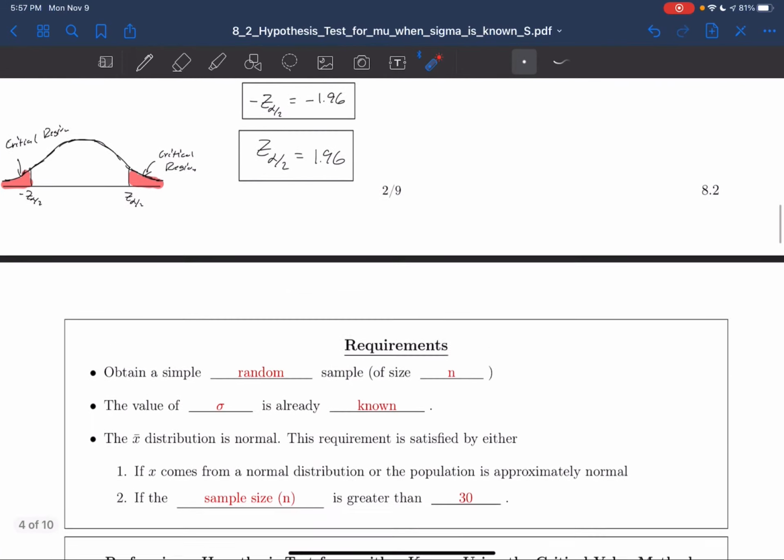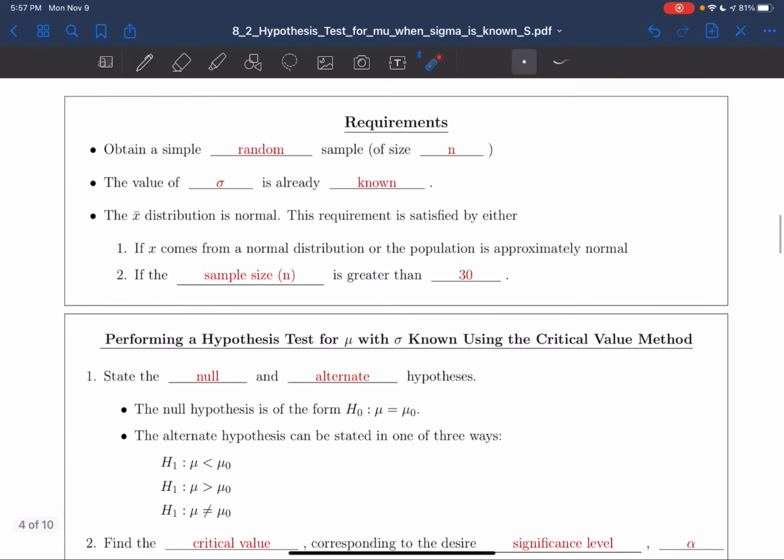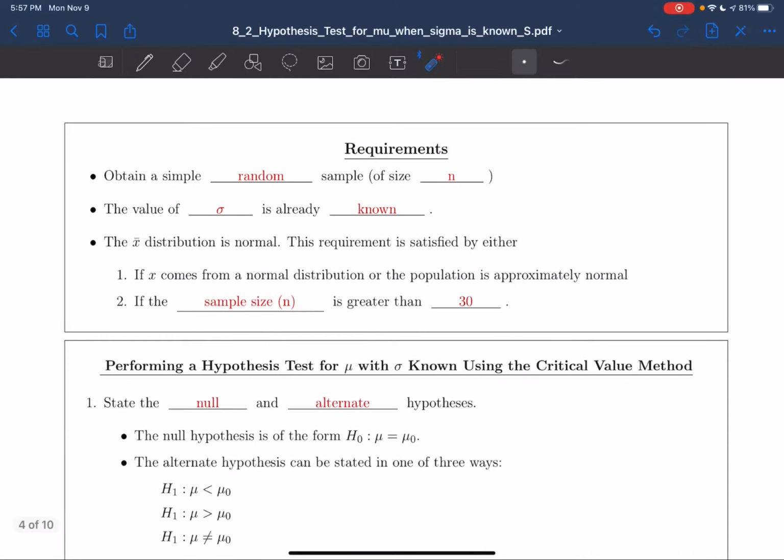Okay, so before even thinking about performing hypothesis testing, we need to check again that all the requirements are satisfied. So if one of these does not satisfy, then we cannot perform hypothesis testing when sigma is known.